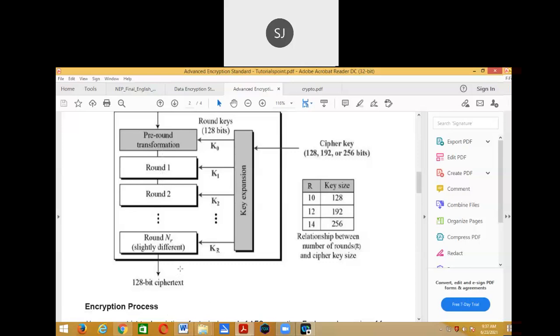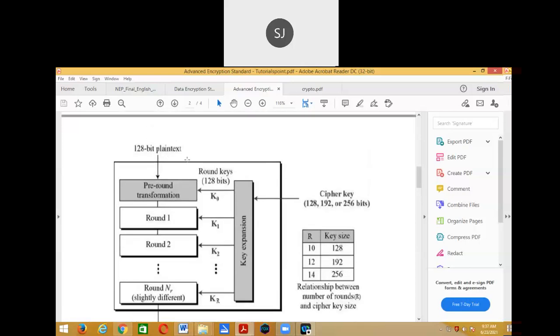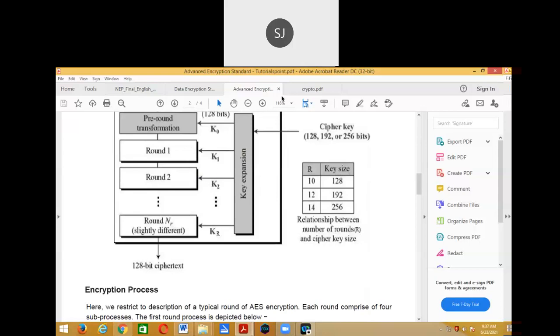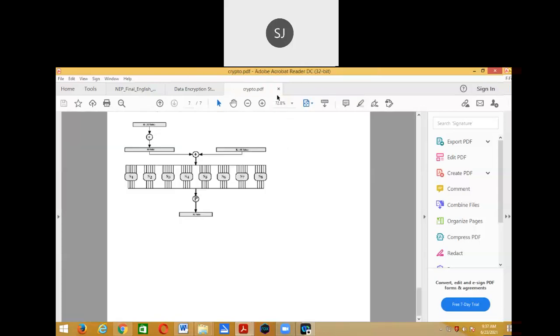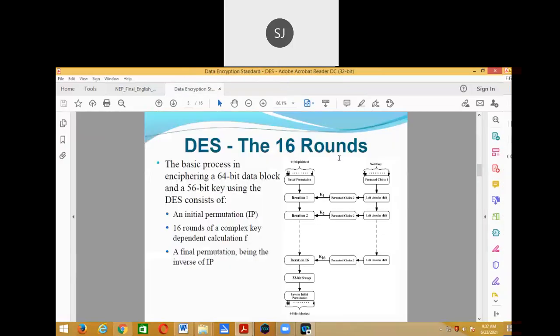From the ciphertext, you ultimately generate the plain text. Decryption is always the inverse of encryption. So this is about AES, the Advanced Encryption Standard. Any doubts either in DES or AES?